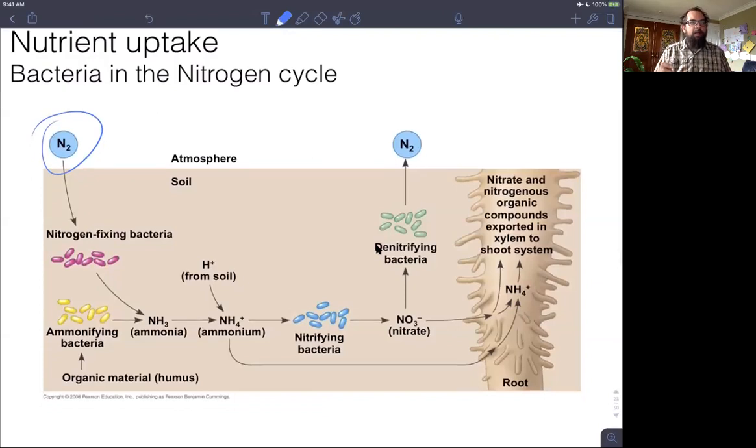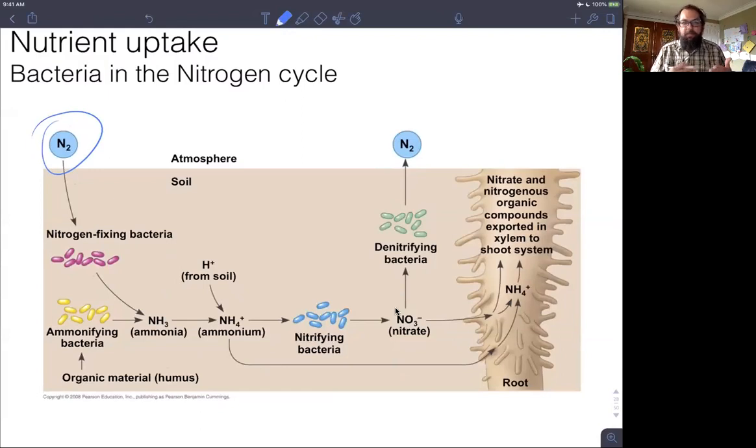And so there are nitrogen fixing bacteria in the soils that convert atmospheric nitrogen into these usable forms, and they create this nitrogen cycle that's really an important part of nutrient uptake for plants.